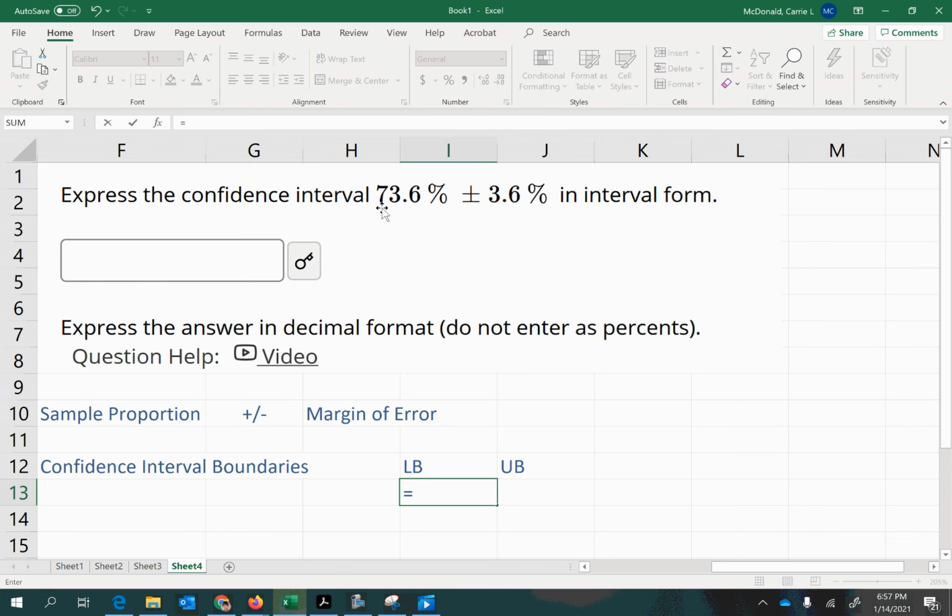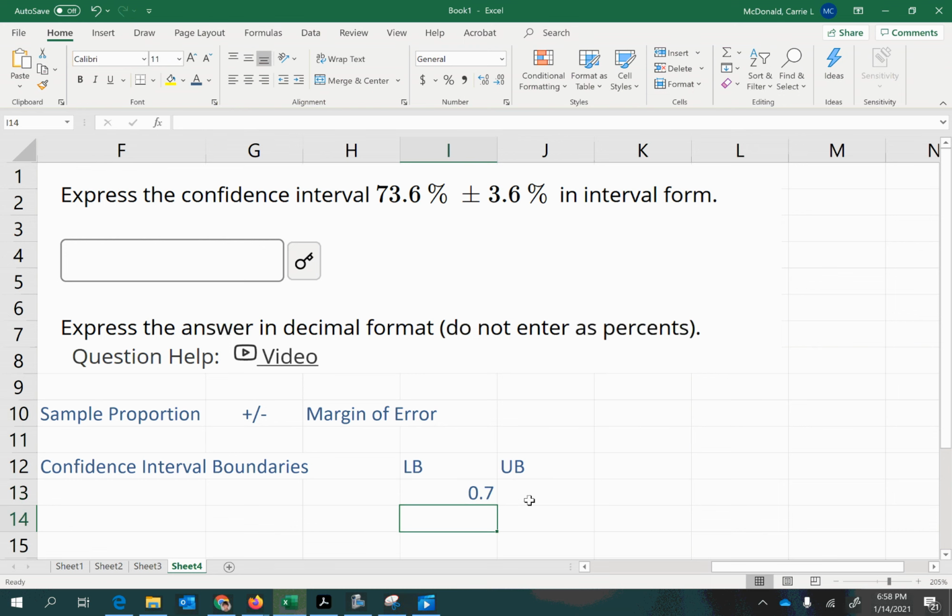So I'm going to do 0.736. And now I'm going to find my lower boundary by subtracting the margin of error, also in percentage form, so I just have to move that decimal place backwards 2 places. That would be 0.036.